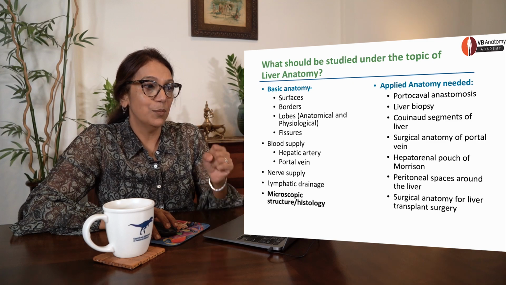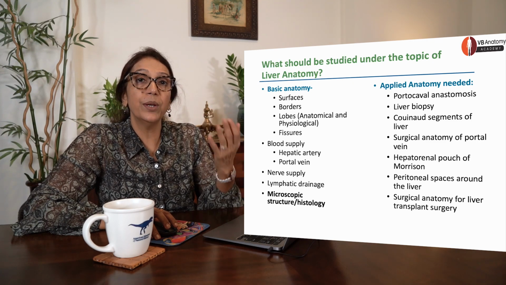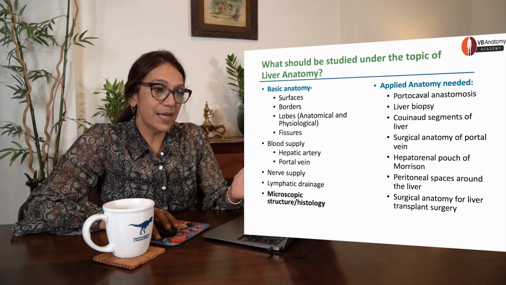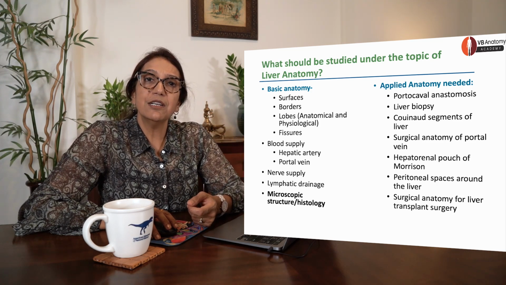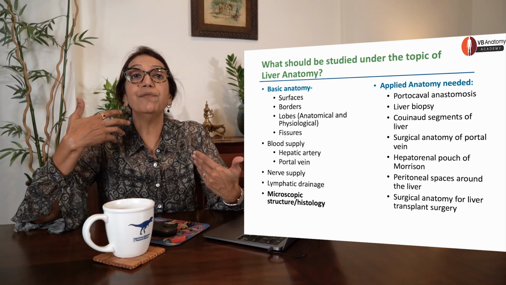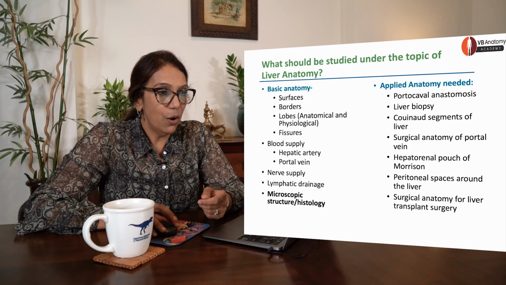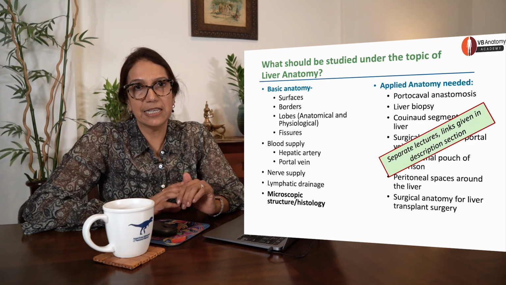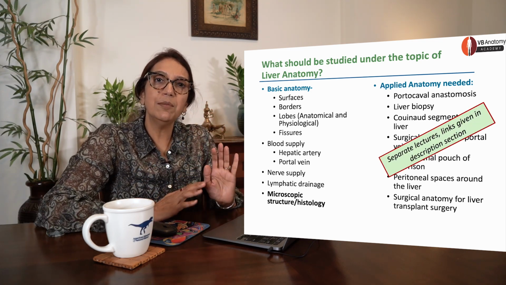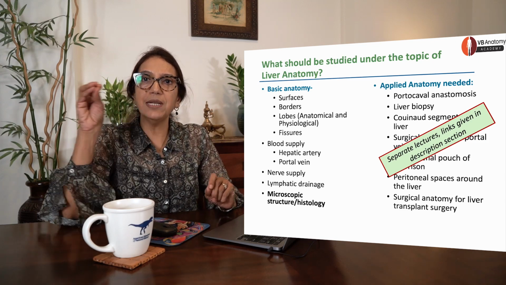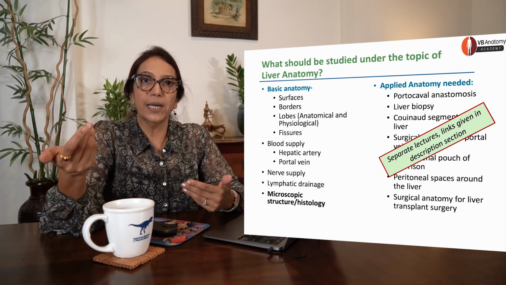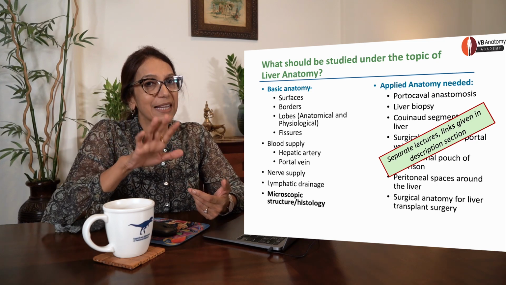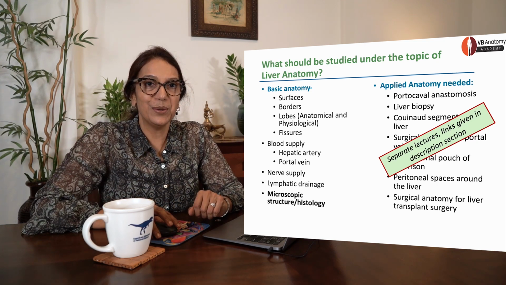Portocaval anastomosis, quinoid segments, portal vein, hepatorenal pouch of Morrison, peritoneal spaces, surgical anatomy of liver from point of view of liver surgeries. All of this is covered in separate lectures. So once you've got the anatomy in place, you can quickly jump to these lectures which are comparatively short and you can get the anatomy quickly. Okay, just remember again, study and move forward.